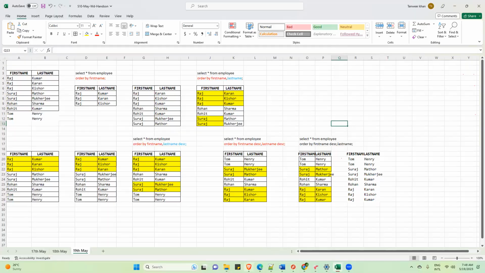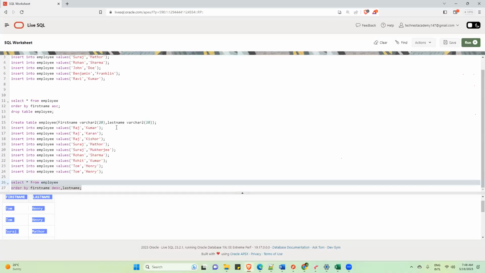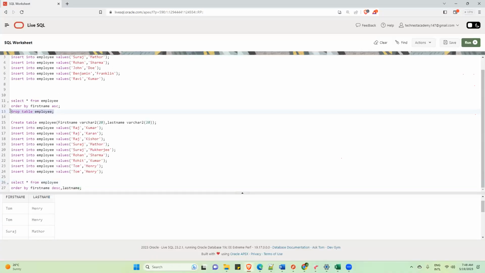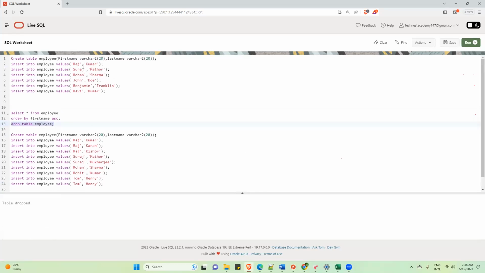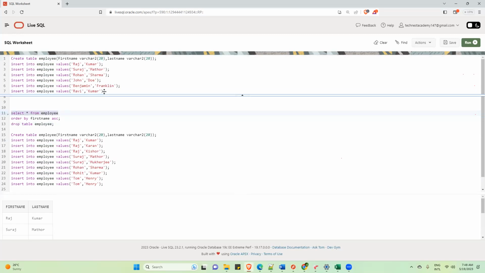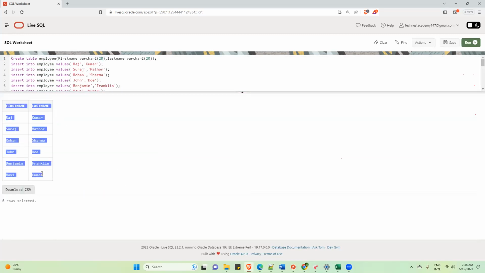Okay. Now I will show you for some other set of data. I will drop this table and create a new table. Now consider this data. Listen very carefully, I'll show you some other scenarios now.